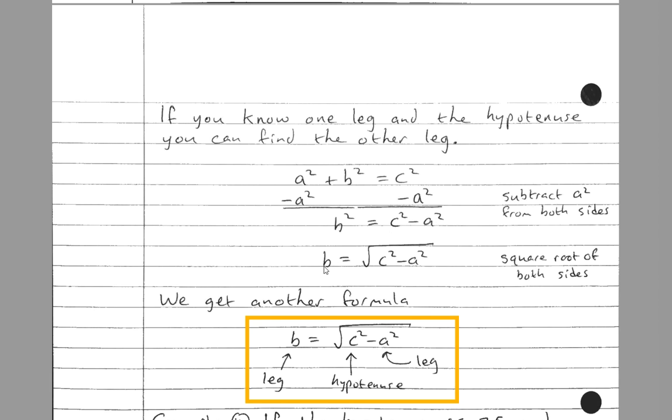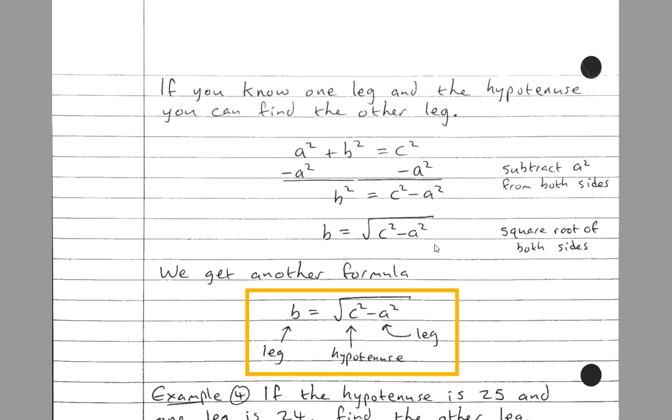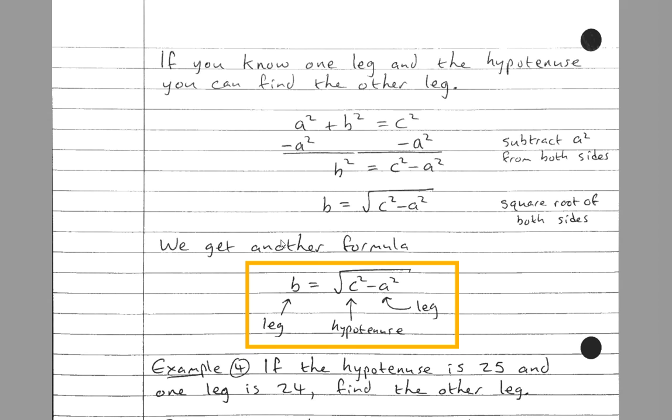And then take the square root of both sides. We're looking for b, isolating that other leg. So we get another formula: b is equal to the square root of c squared minus a squared.